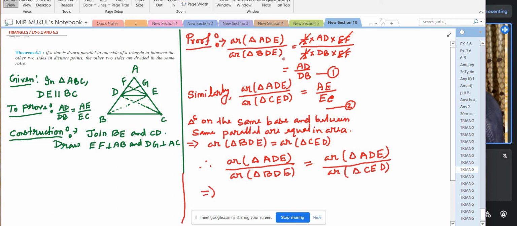If these two are equal, we can say AD by DB equals AE by EC. So this theorem is called the basic proportionality theorem. In short form, we say BPT. Its other name is Thales theorem. Is it clear?